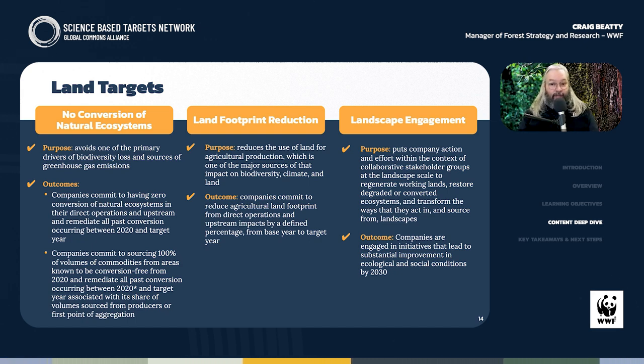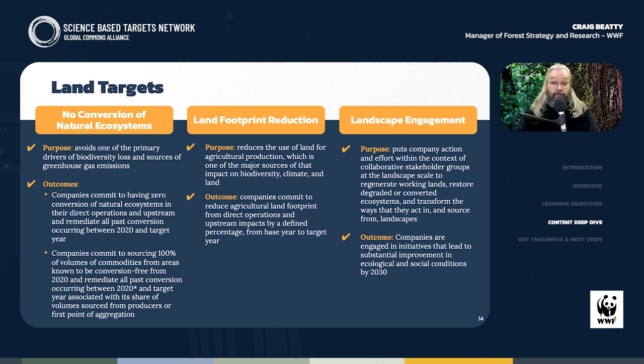Commodities for which you have traceability within your value chain to the production unit should also be assessed against the Natural Lands Map. For Annex 1A commodities that are part of your upstream value chain, there are several additional options for how to include these in the no conversion target that we'll address a little bit later.